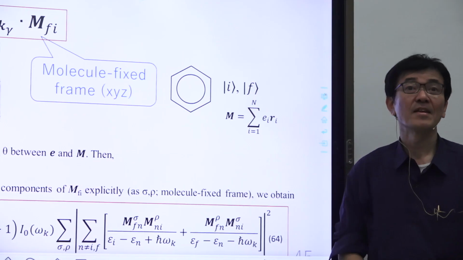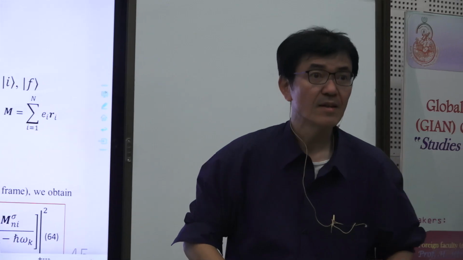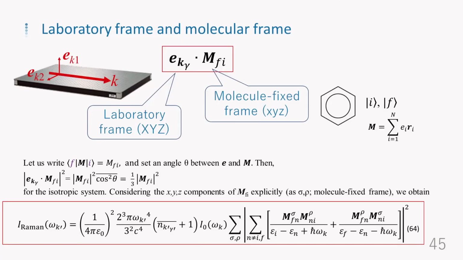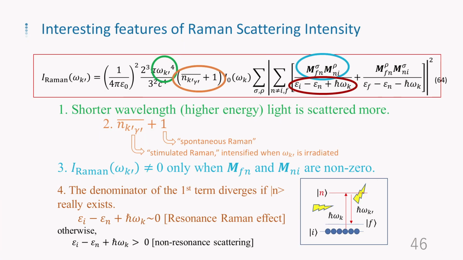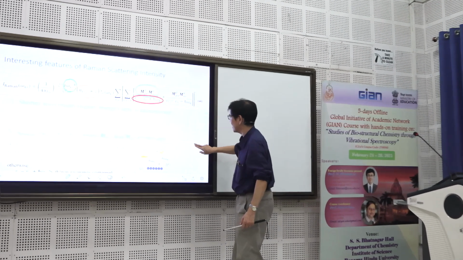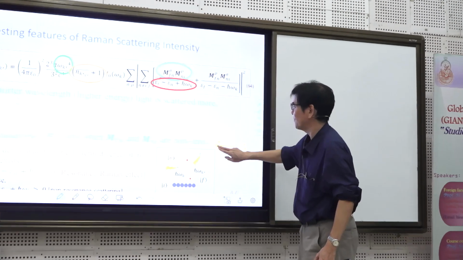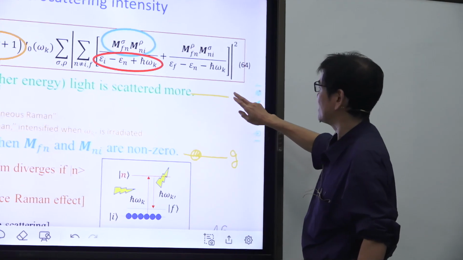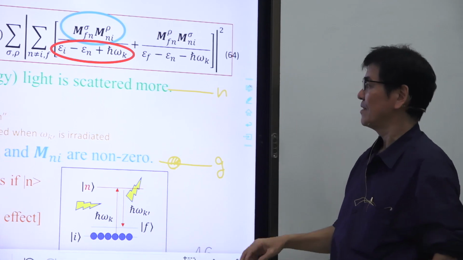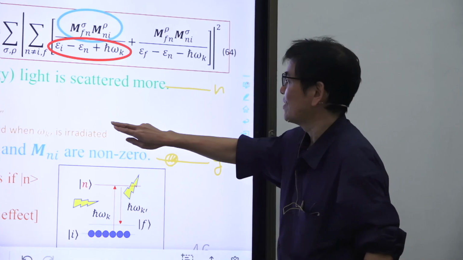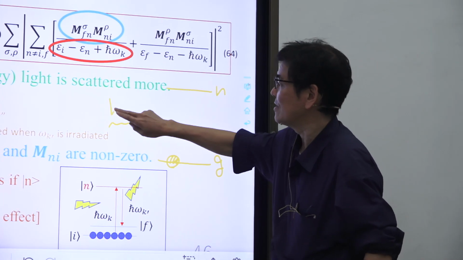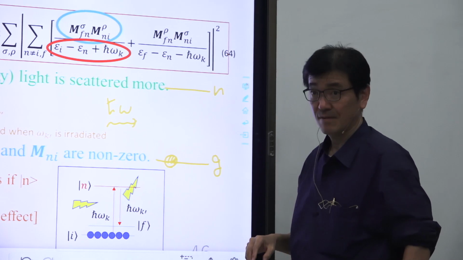Can you please explain to me what is the resonance Raman effect? Resonance Raman effect. So here is the ground state, and the molecule is here. And this is the intermediate state. Light has an energy h bar omega.